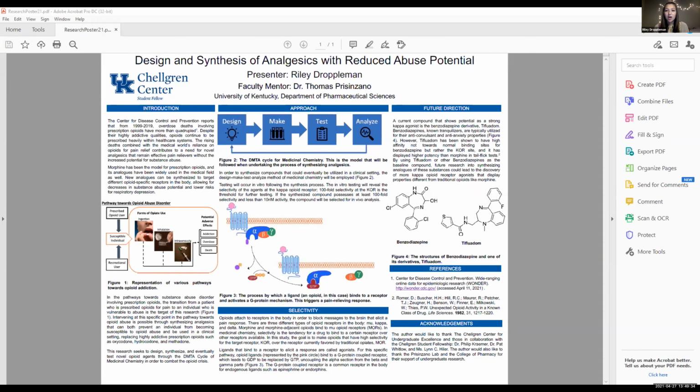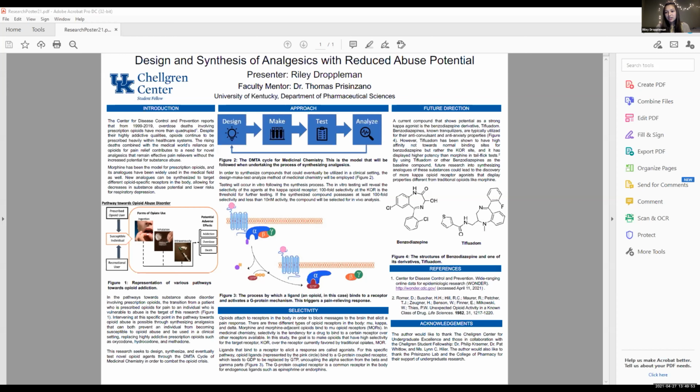So any compounds that we make that end up having a high selectivity at this specific receptor as opposed to the mu receptor, and ones that work well at this site, will be chosen for further analysis in vivo, so in mice and in rats.